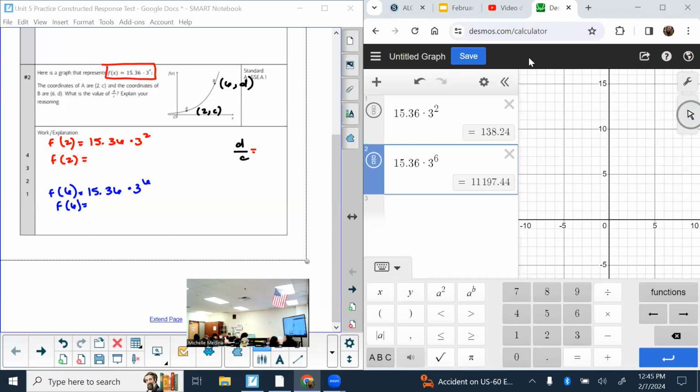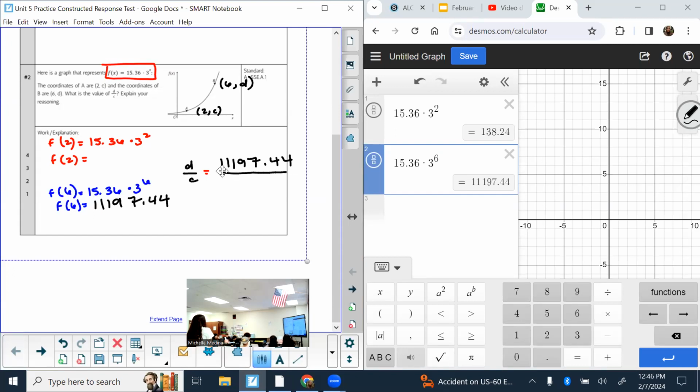So what's my value for D? Table 1, can you tell me what my value for D is? Okay, good. Because again, D is the output when you input 6, so make sure you're reading it right.